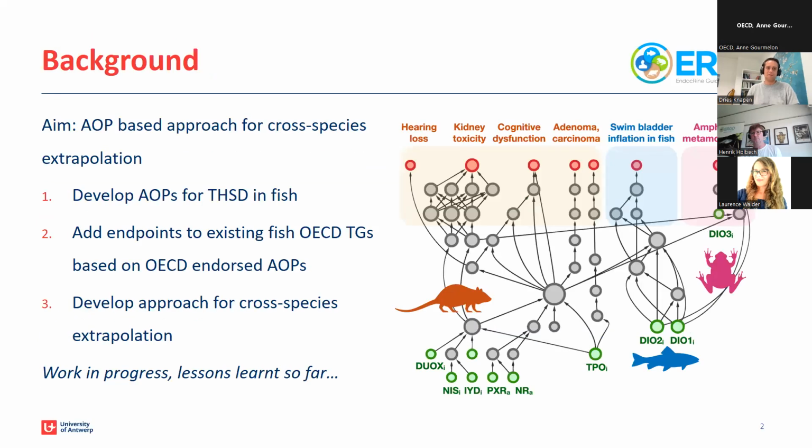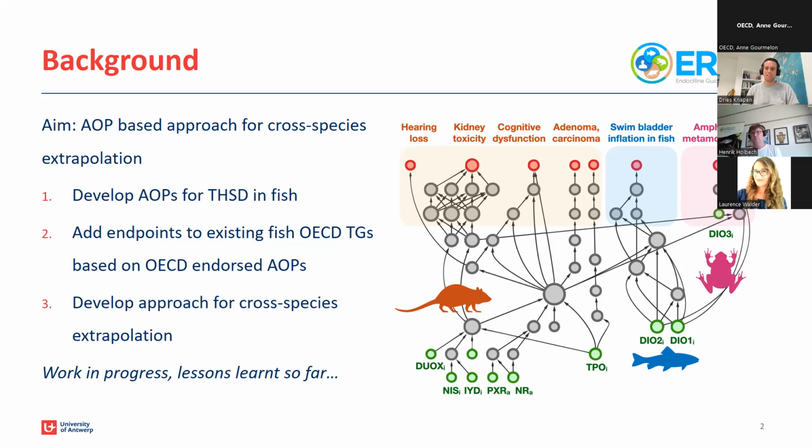So the background of my presentation is an initiative that is supported actually by a number of projects, but mainly by the ERGO project that Henrik already talked about as well, in which we aim to develop a cross-species AOP network for thyroid hormone system disruption, where we are hoping to add a number of endpoints that are covered by the key events in the network to existing test guidelines that would hopefully allow us in the future to use in a cross-species extrapolation context as well.